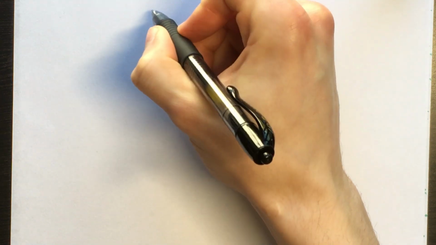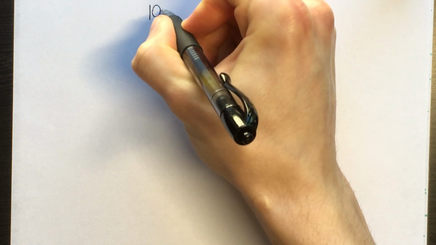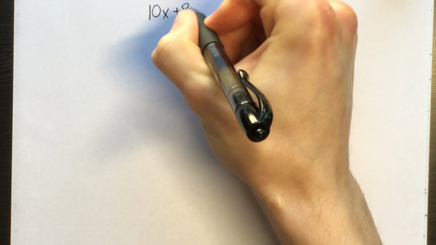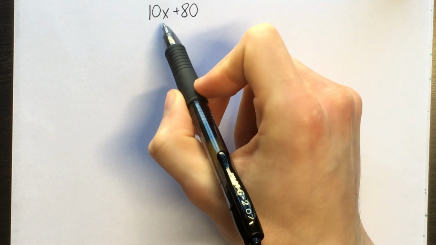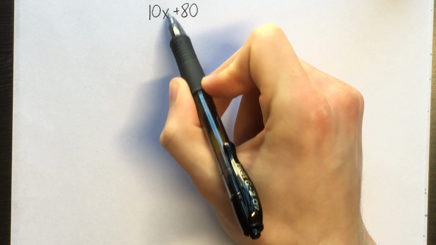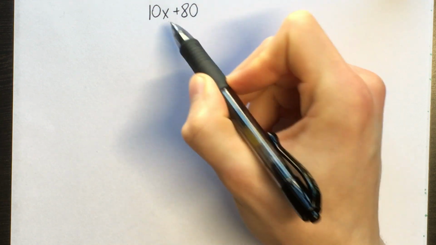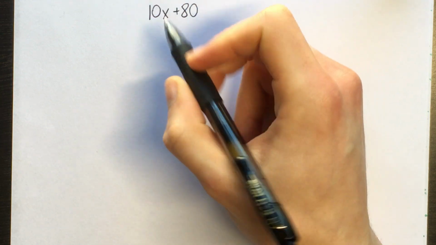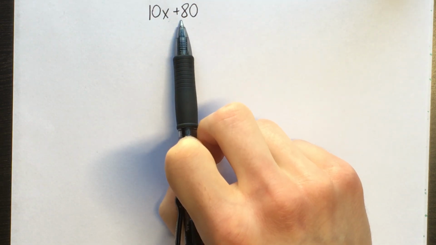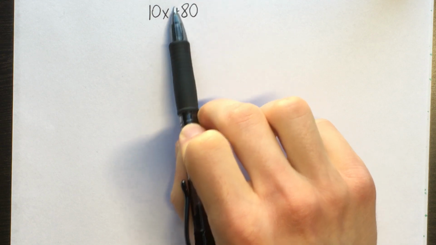So let's just first write an expression for his total earnings during this week. Let's say it'll be 10 times x plus 80. That makes sense, right? Because here your x is the number of hours he's going to work, which is what we're looking for. We're trying to find the least number of hours he must work. 80 comes from 8 times 10, so that's how much he has already earned.